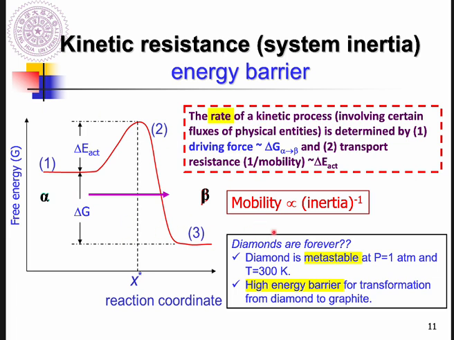Phase transformation, for example, like diamond. Diamond is composed of sp3 carbon, right?